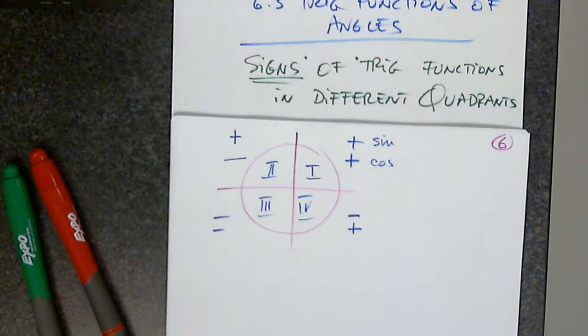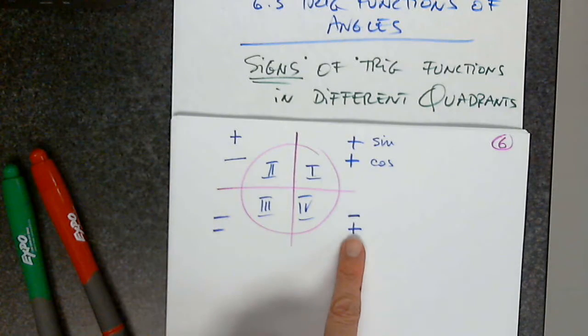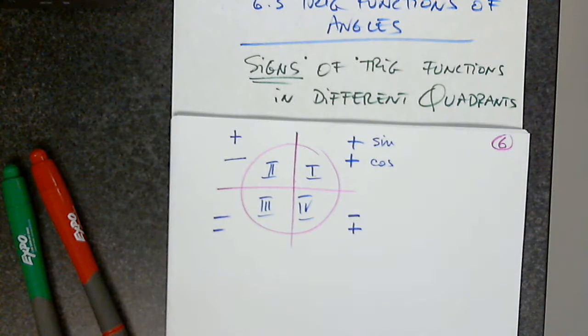Positive. What will be the sign of secant in the fourth quadrant? Secant is 1 over cosine. Since cosine is positive in the fourth quadrant, then secant will be positive.